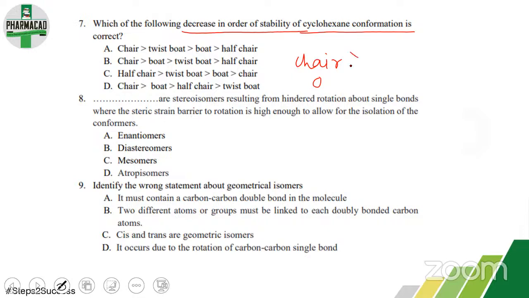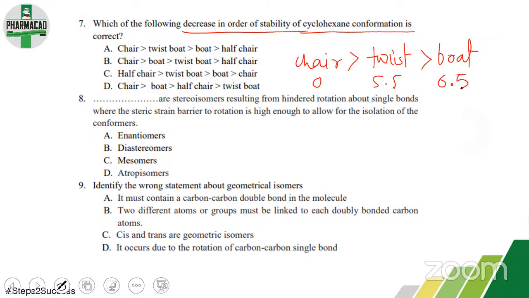After this, the twist boat, because 5.5 kilocalorie per mole energy is required to form this twist conformation. After this, boat conformation, because it requires 6.5 kilocalorie per mole.